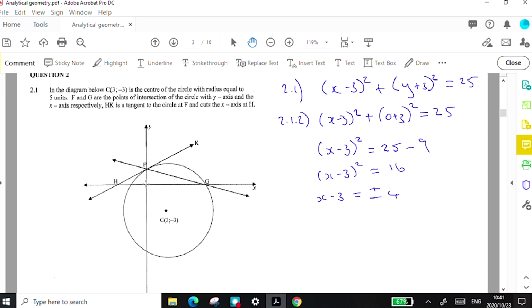If x minus 3 is positive 4, then we have x equal to 4 plus 3, which is 7. If x minus 3 is negative 4, we have x equal to minus 4 plus 3, which is minus 1. So x is either 7 or minus 1.